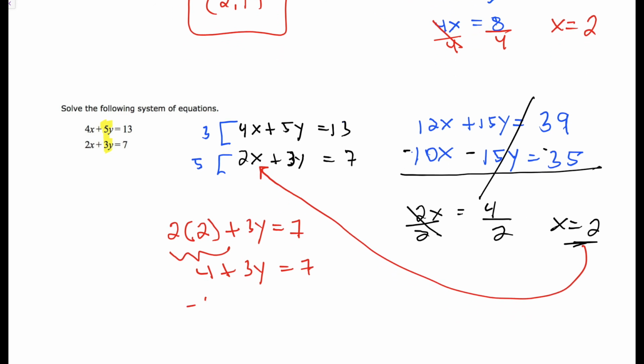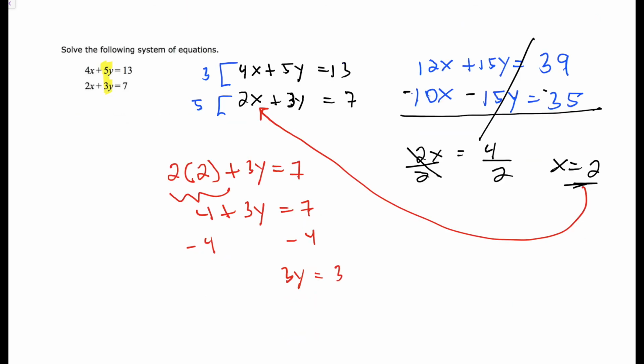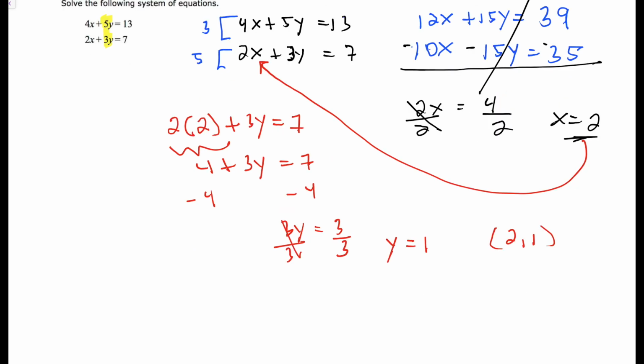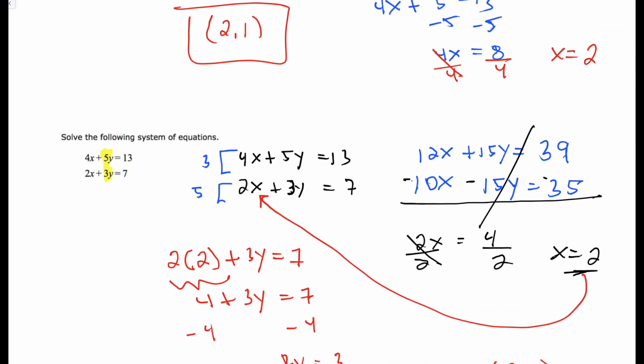All right, minus 4, minus 4. 3y equals what? 3y equals 3. Divide by 3, divide by 3, and y is equal to what? And so we get 2, 1. So I got the same answer up there.